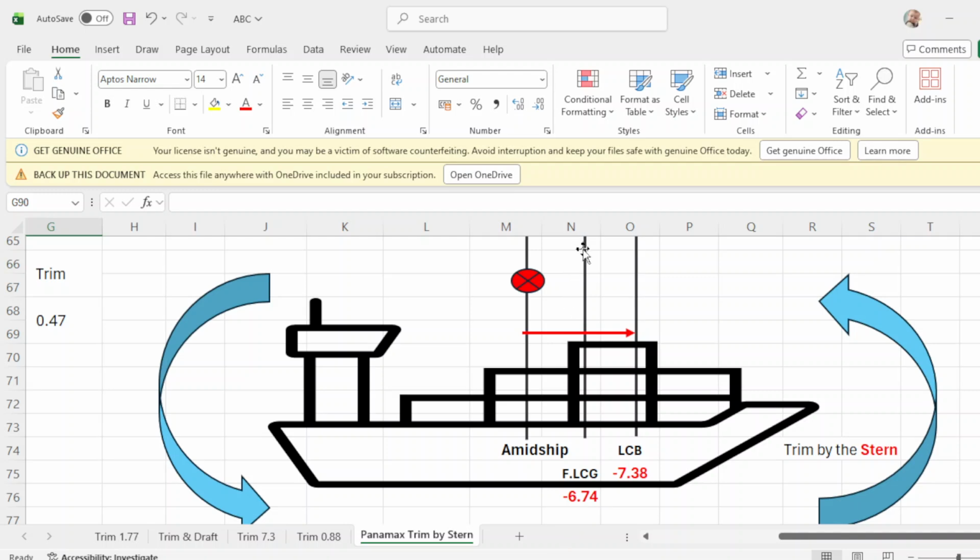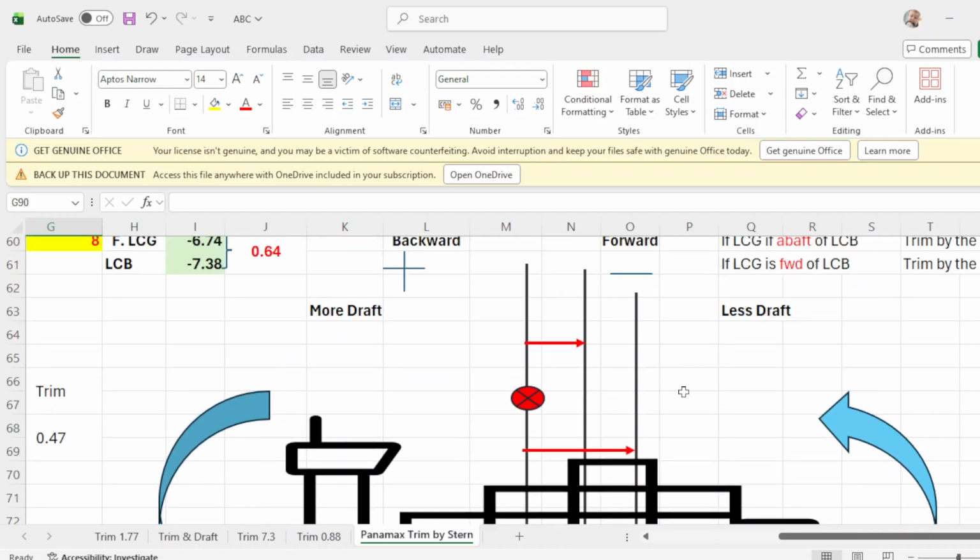Okay, this one is the vertical line of your final LCG. And your LCB is negative 7.38, which is farther. So from amide chip, measure forward to this vertical line, that will be your LCB.